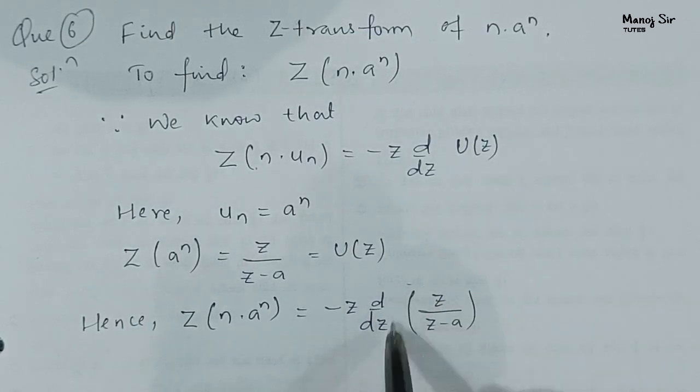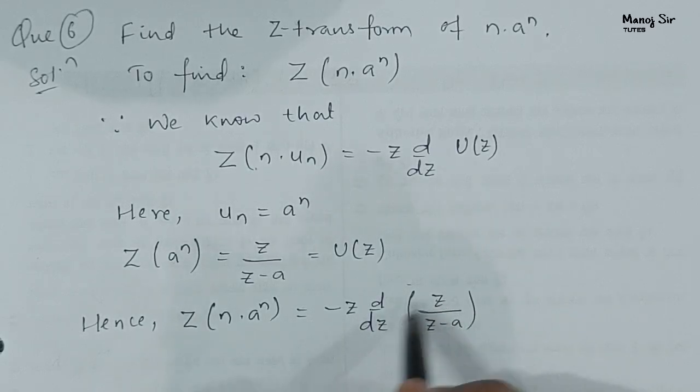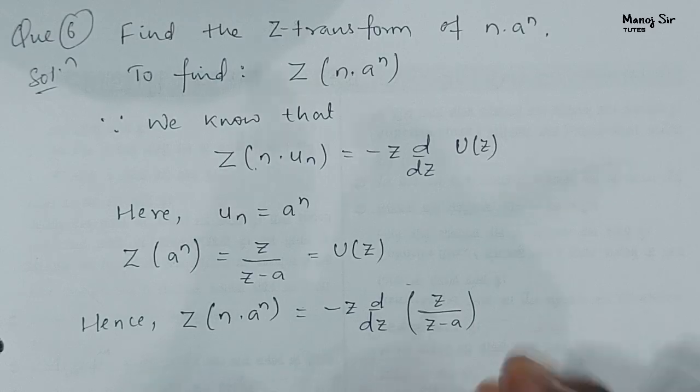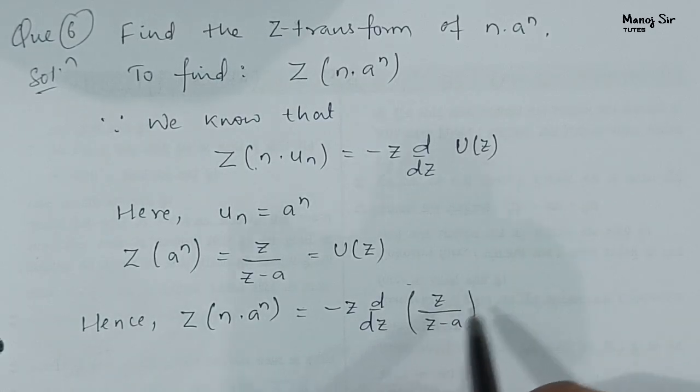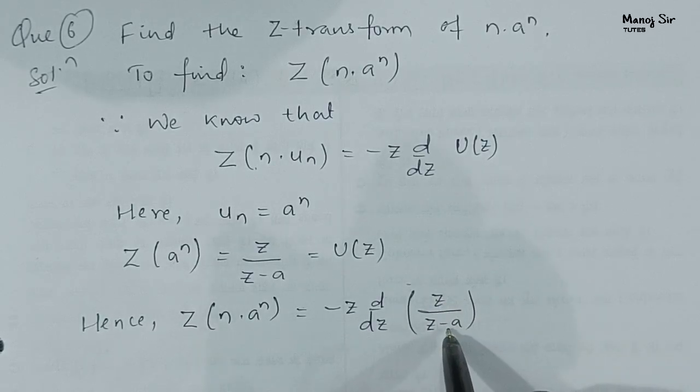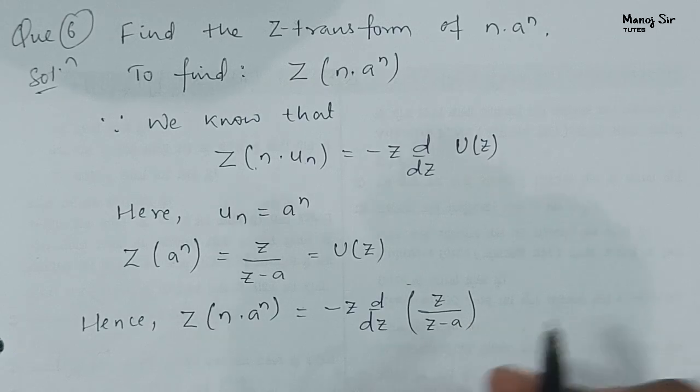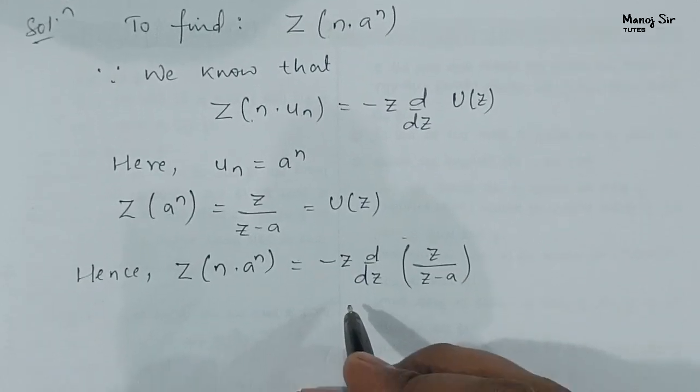Here we have to differentiate this, which is in u upon v form. What is the division rule of differentiation? If this is u and this is v, then the formula is v times differentiation of u minus u times differentiation of v, upon v square. So let us solve this.